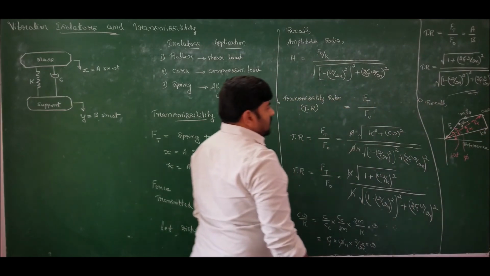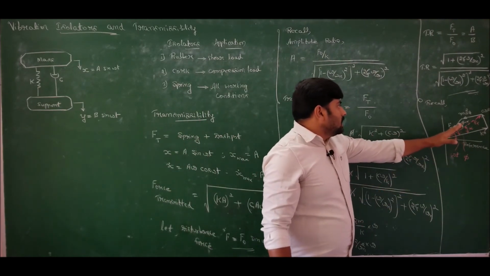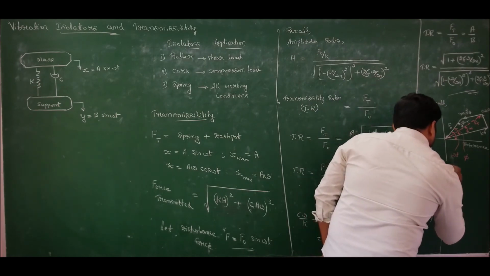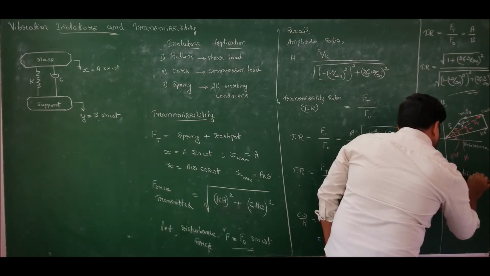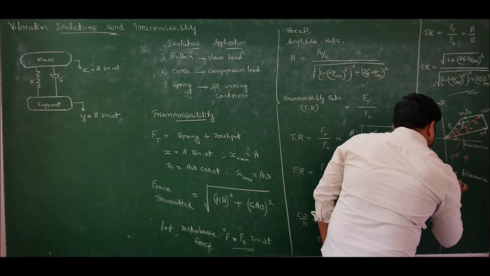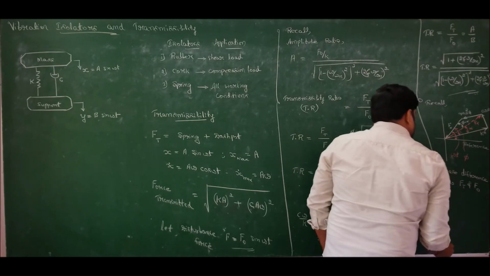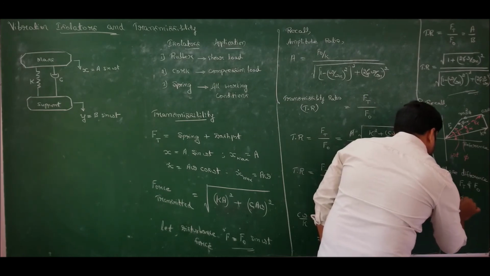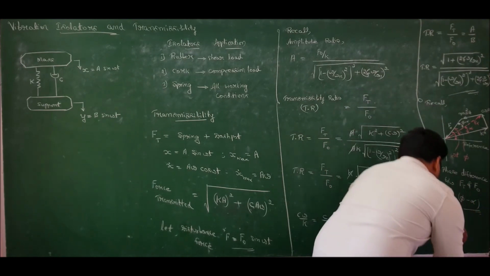The answer is phi minus alpha. Phi minus alpha is the phase difference between force transmitted and the disturbance force. So hence the phase difference between transmitted force and disturbance force F0 is nothing but phi minus alpha.